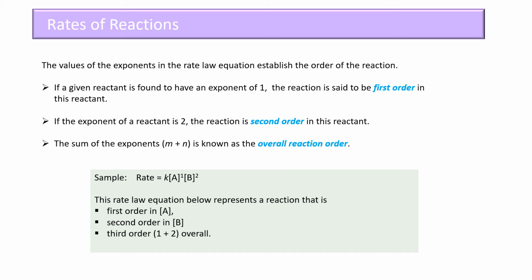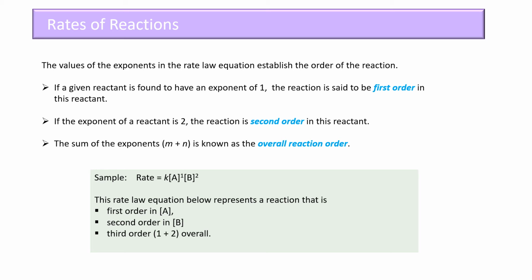If a given reactant is found to have an exponent of 1, the reaction is said to be first order in this reactant. If the exponent of the reactant is 2, the reaction is second order in this reactant. The sum of the exponents m plus n is known as the overall reaction order.